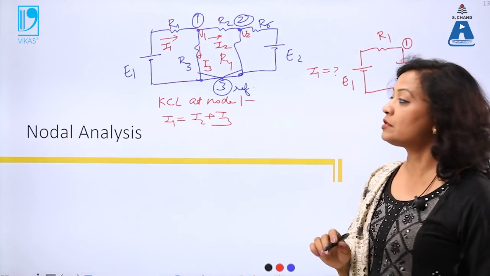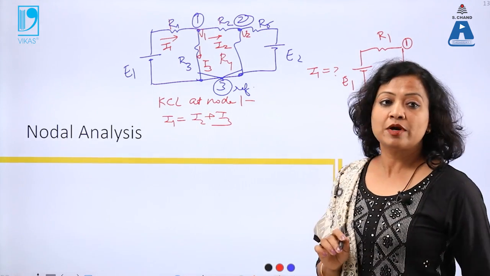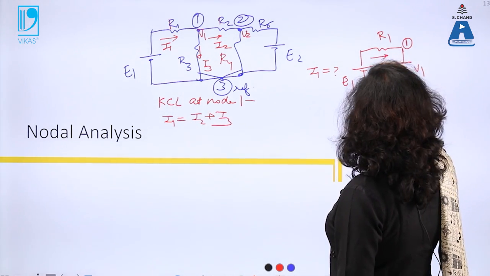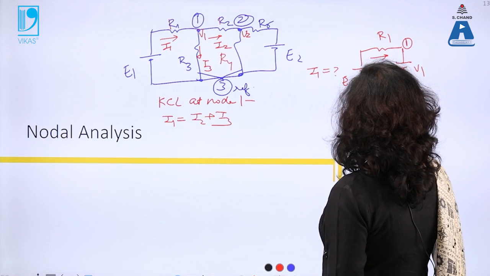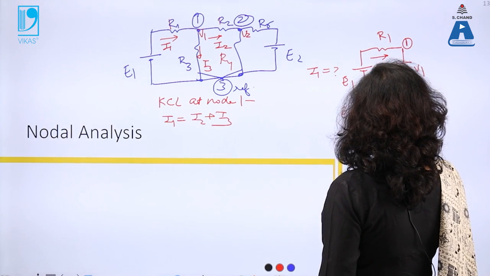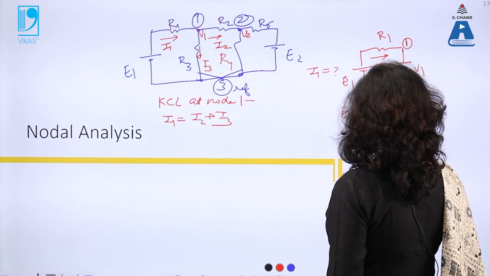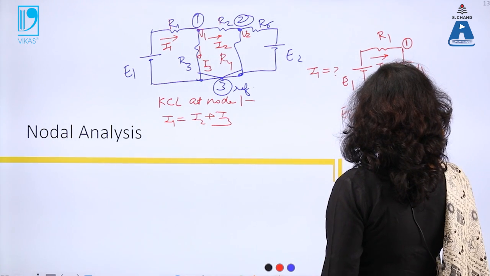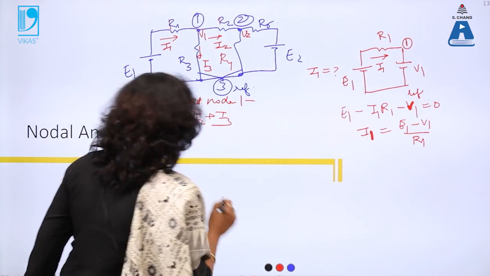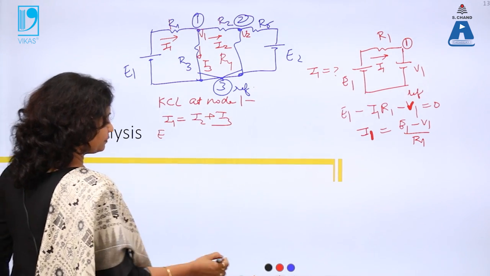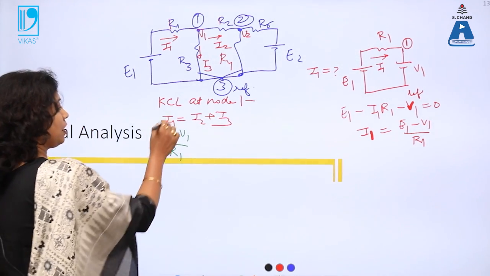Because I cannot take two variables in a single loop, I1 and I3. So that's why I have taken V1, because we have to find the equation in terms of V1. Now I have to find current I1. Using this loop equation, E1 minus I1 R1 minus V1 is 0. So that gives me I1 equal to (E1 minus V1) by R1.